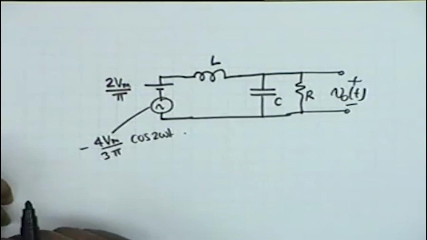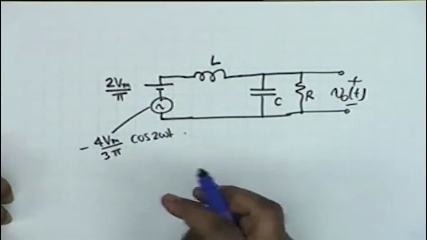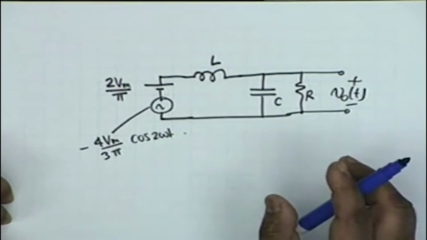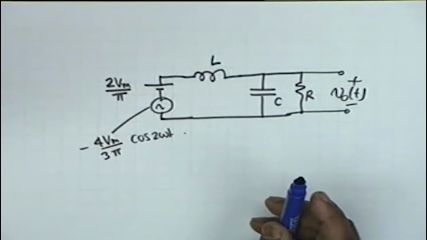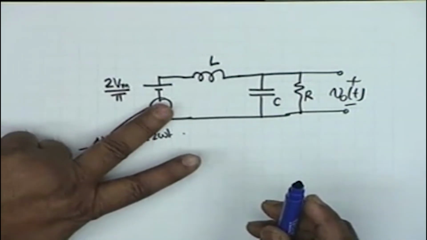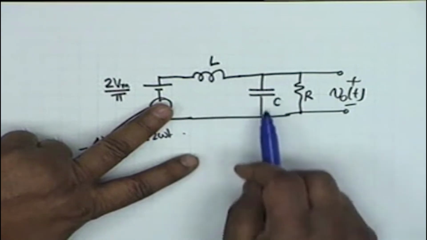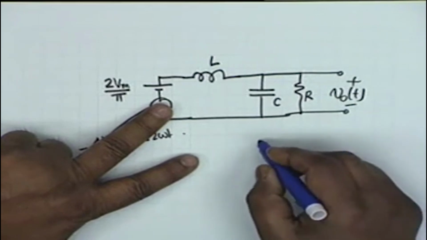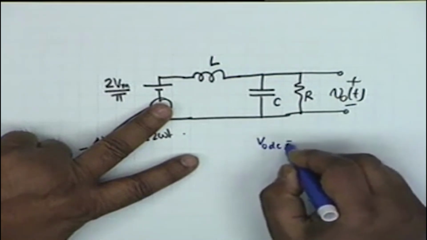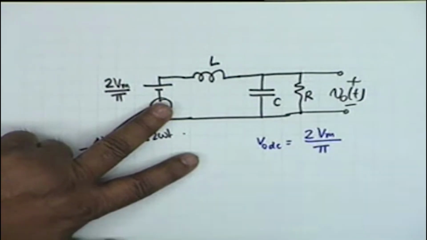Obviously, because this is a linear circuit, we can find out the output by superposition. Now superposition means we consider one source at a time. So if we kill this source, then for DC the inductor is short and the capacitor is open, and therefore the DC component at the output, V0 DC, shall be the same, 2 Vm by pi.